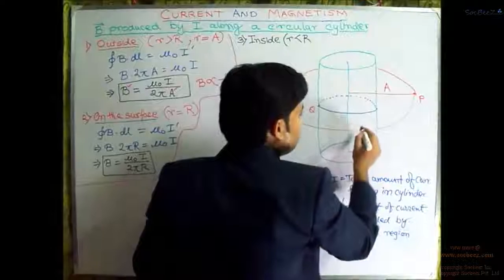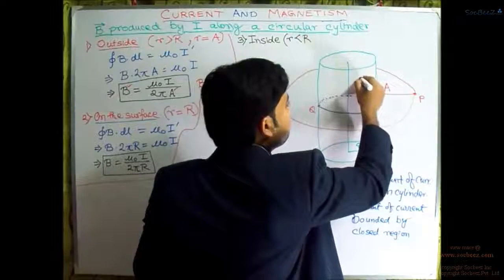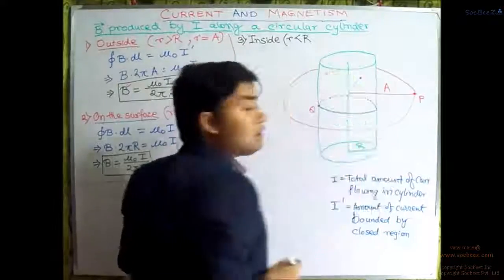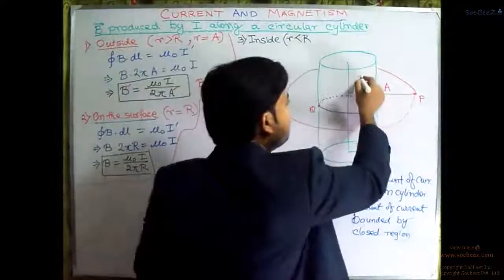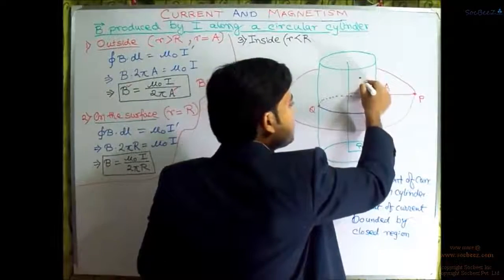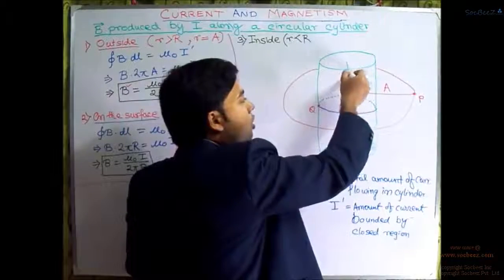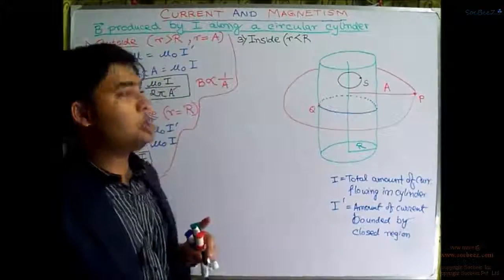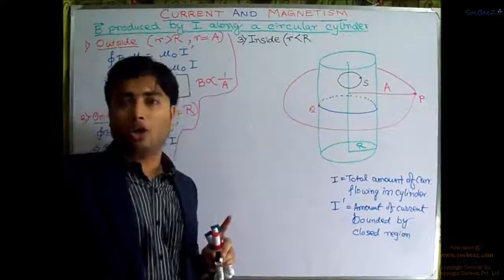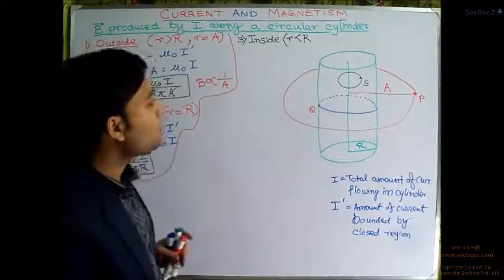Let us take, for example, a point over here, inside this cylinder, say this is a point S. Let us draw a bounded circle so as to apply the Ampere's circuital law around that whole region, right?